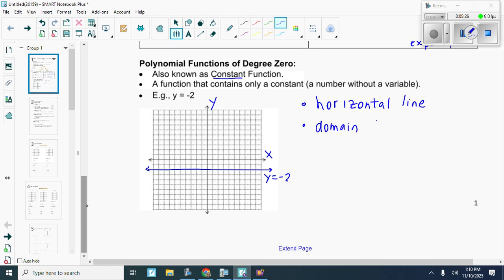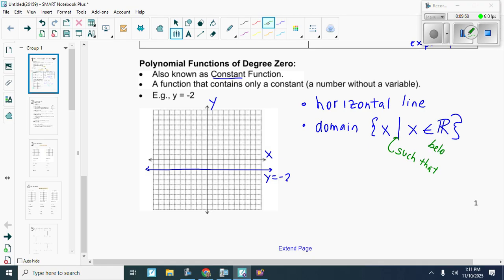So we write it like this. Remember, we do the curly bracket, x such that x belongs to real numbers, end curly bracket. This means such that.